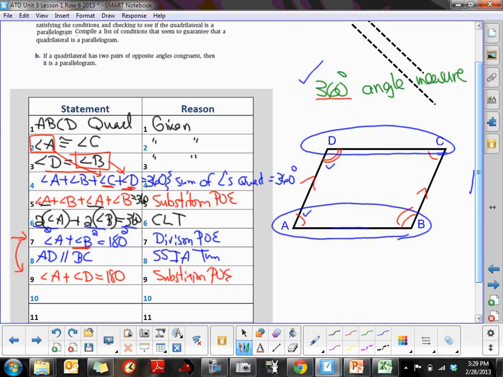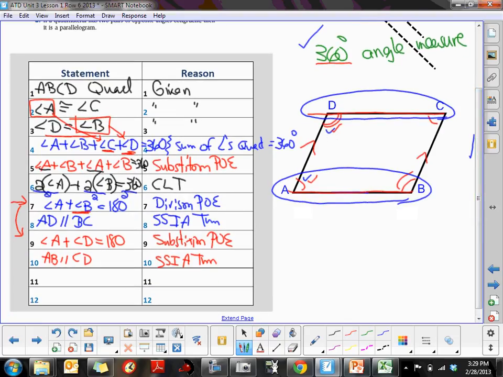Property of equality. Well, if A and D add up to 180, A and D by their location are same side interior angles, and it forces those two lines, DC and AB, to be parallel. So AB has to be parallel to CD by the same side interior angle theorem. So therefore, what we've created is the fact that both pairs of opposite sides are parallel.